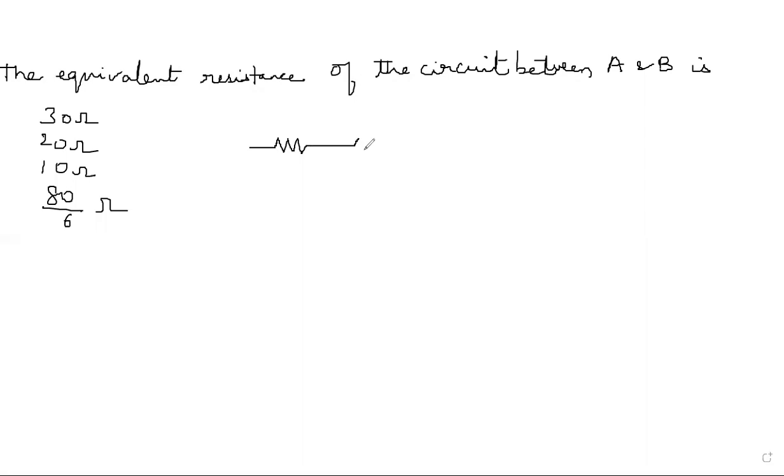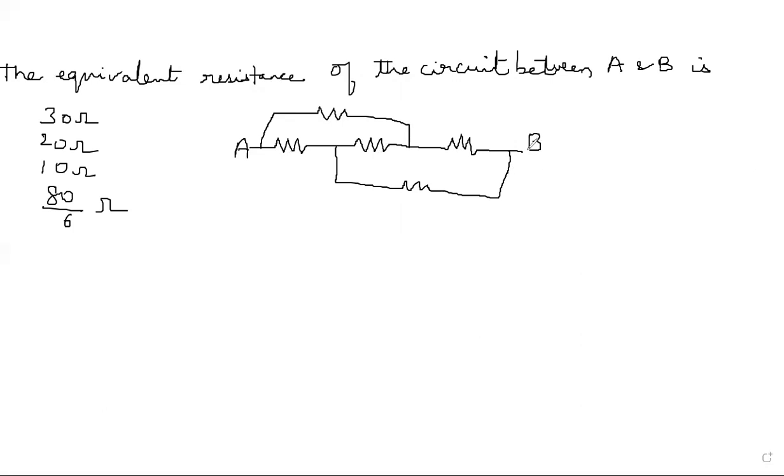The resistor, you have one more resistor and you have another resistor. So from here to here we have one resistor. Again from here to here we have another resistor. I have taken both as A, B. So they have given the values here as 10 ohm, 20 ohm, 30 ohm, 10 ohm, and 20 ohm.